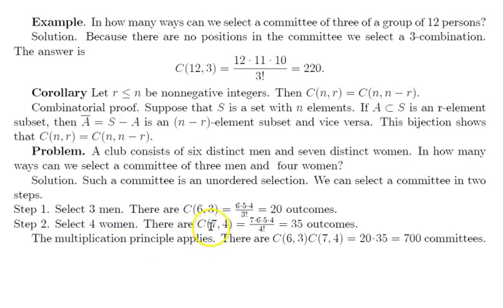There are 7 available, an unordered selection, the number of outcomes is 7 choose 4, which is 35, just apply the formula from the theorem. And then the multiplication principle applies. We multiply the outcomes of step 1 and step 2 to get the answer, 700 committees.